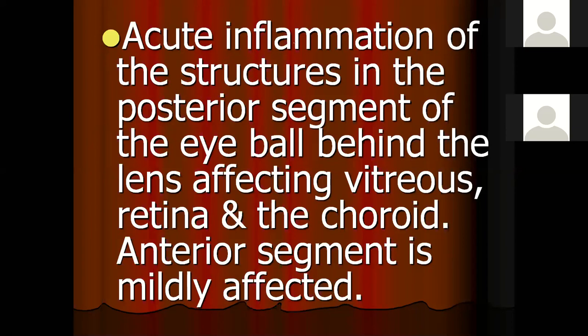So if you look at the anatomy of the eye, the structures which are located behind the lens are the vitreous, retina, and the choroid. All these structures are severely inflamed and infected, and the condition is called endophthalmitis.